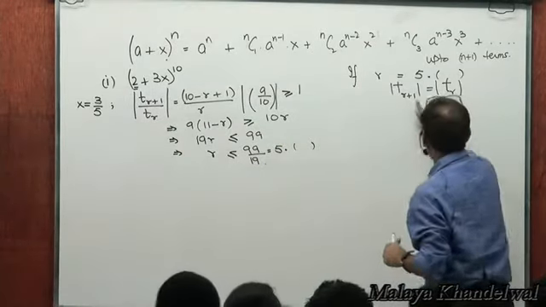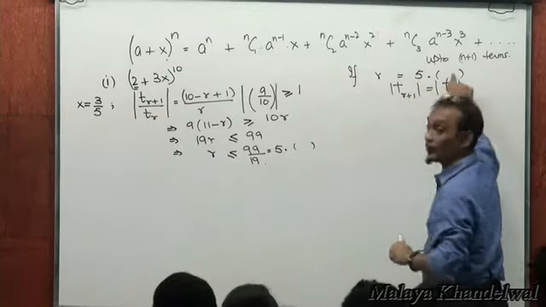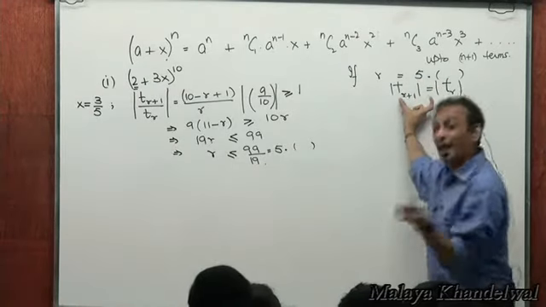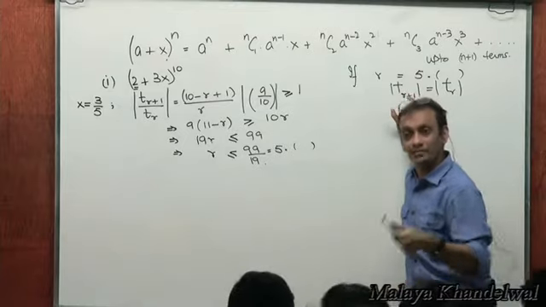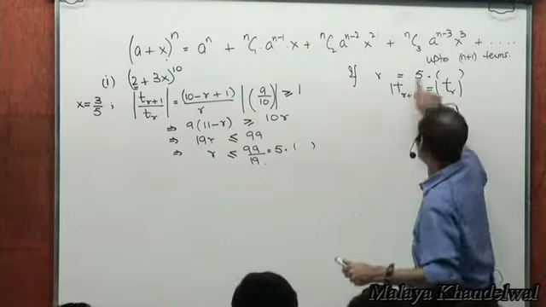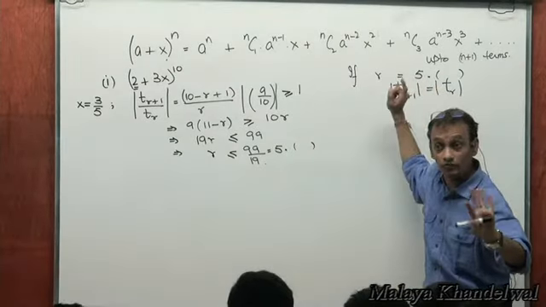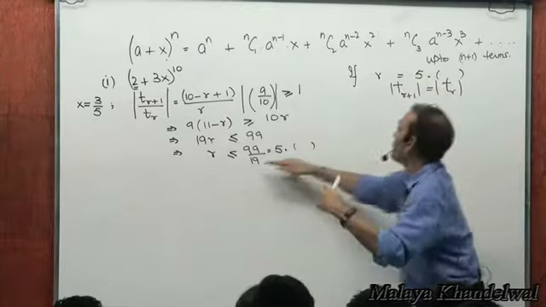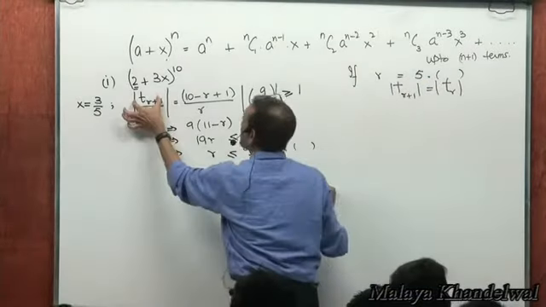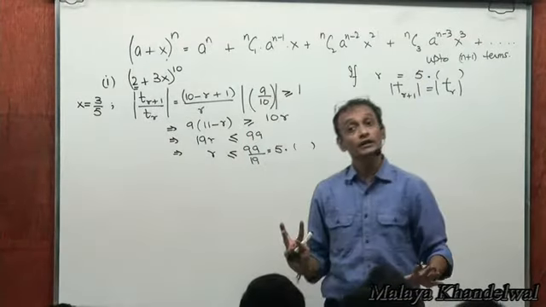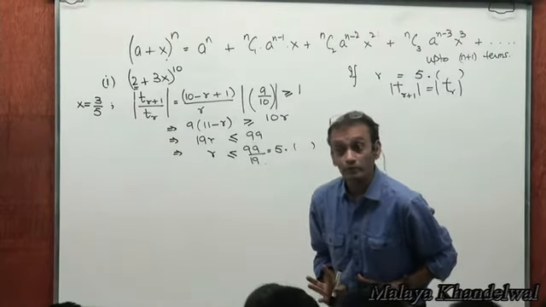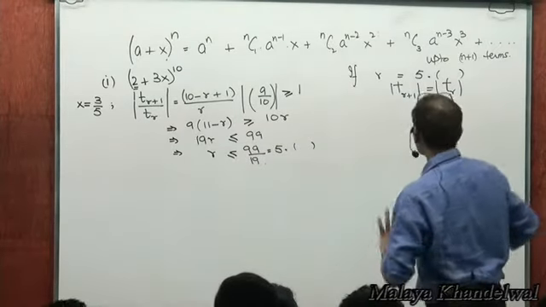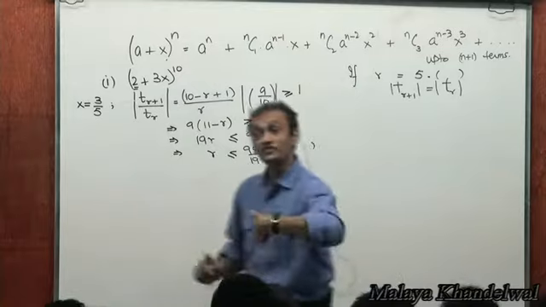If r could assume a value 5 point something, then for that value of r, these two neighboring terms would have been the same. The next term would have been equal to the previous term. Hey, but watch out. r has discrete values only.